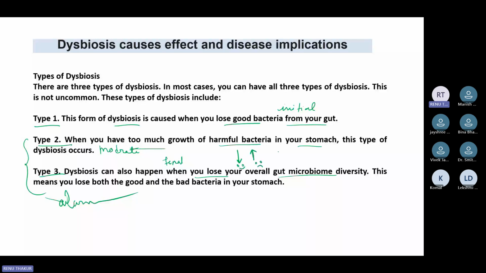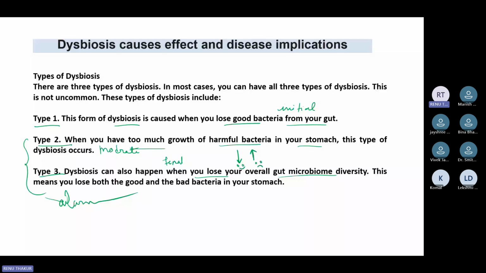And if you are having a very low, nil amount of good microbiome composition or good bacteria in your gut, then you are having type 3 dysbiosis. It means you lose both the good and the bad bacteria in your stomach. Then nothing is there in your stomach. How will your food be digested?